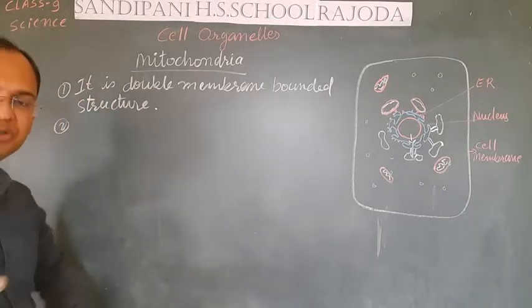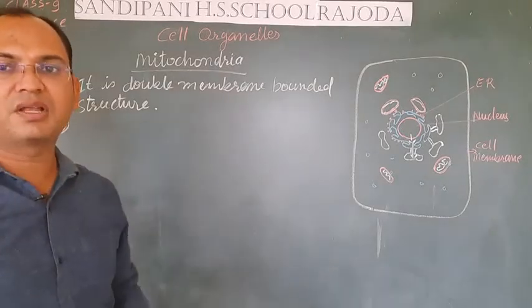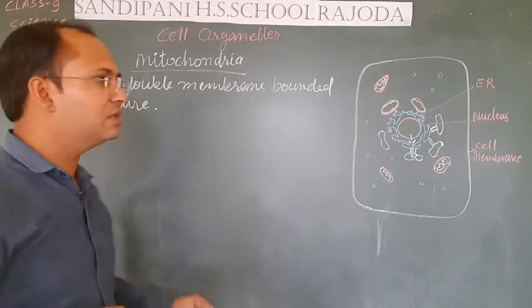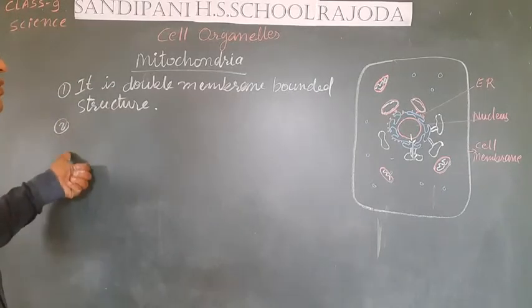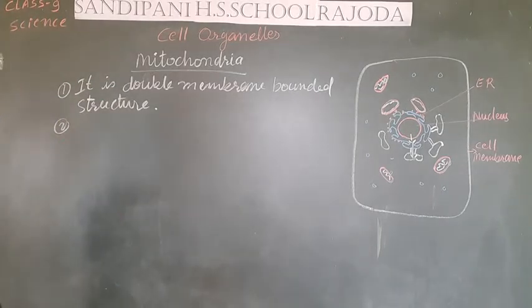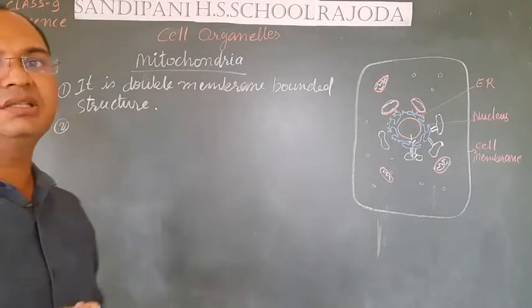It has two membranes which cover the mitochondria. Next, the most important property of mitochondria is that it produces energy inside the cell.